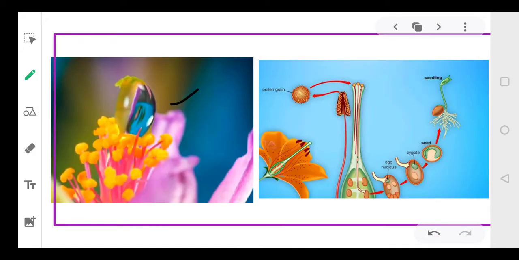The flowers are beautifully colored, isn't it? And that color attracts the insects. When a pollen grain reaches the stigma, it forms a pollen tube and slowly reaches the ovary. This will bring about the fertilization process.